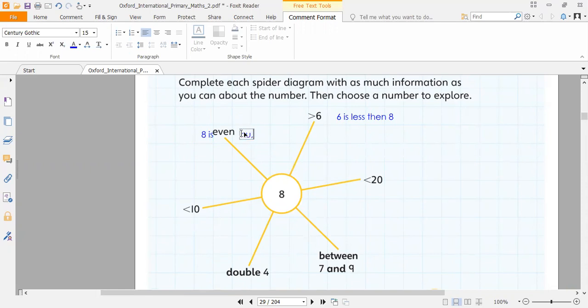Even numbers are those whose last digit is 0, 2, 4, 6, or 8. And which are odd numbers? Odd numbers are 1, 3, 5, 7, and 9.